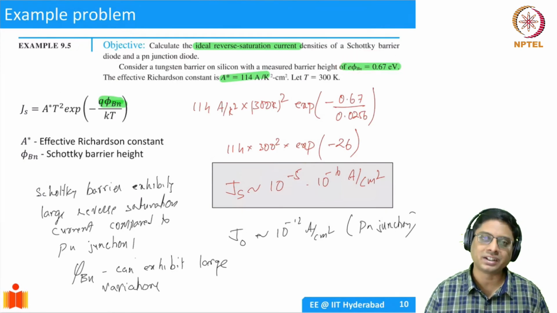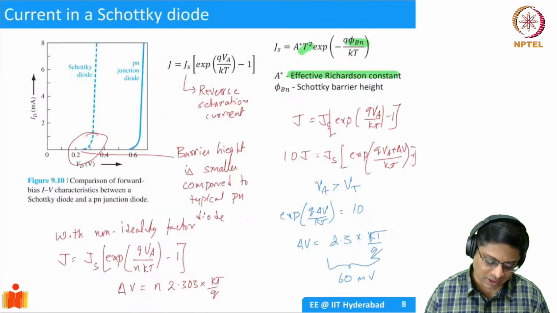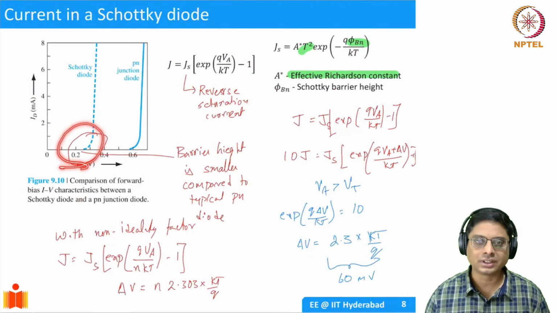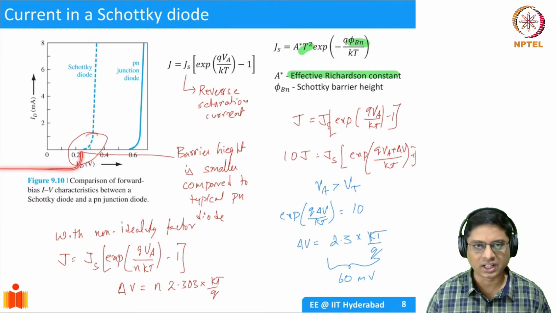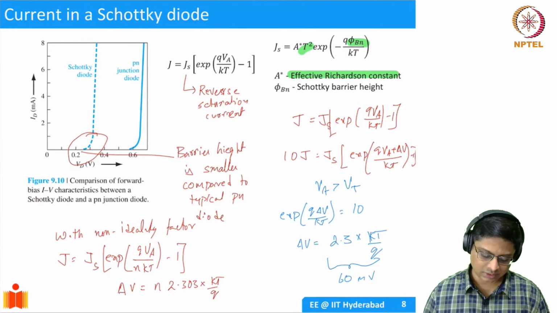It depends on the material, metal and semiconductor, what type of interface we are talking about. The voltage at which it turns on is generally much smaller, and you have a large change in the current. In reverse saturation, you have a large saturation current compared to the PN junction.